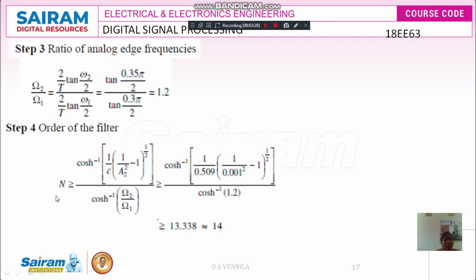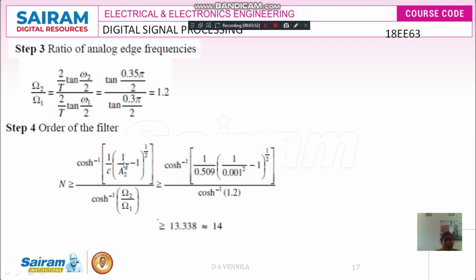Now the given question is that you need to find the order of the filter. So n is greater than or equal to cosh inverse of (1 by epsilon times (1 by a2 square minus 1) to the power 1 by 2) divided by cosh inverse of omega 2 divided by omega 1. Already we have calculated this ratio, it is 1.2. Directly we can substitute.